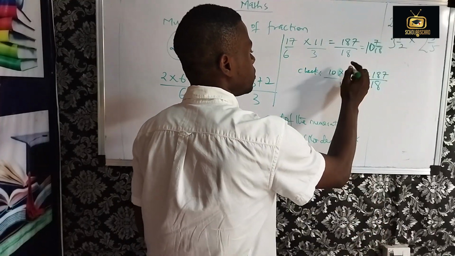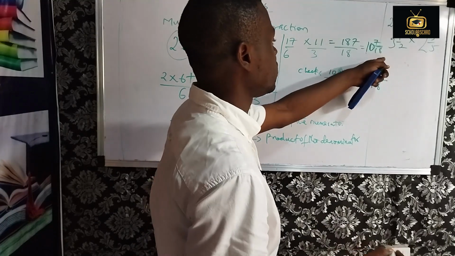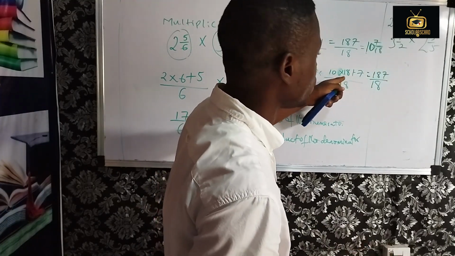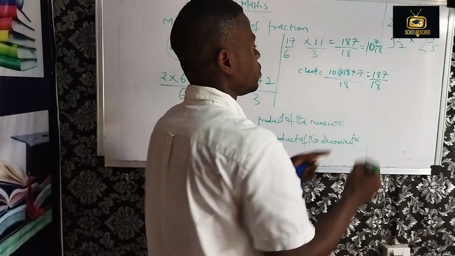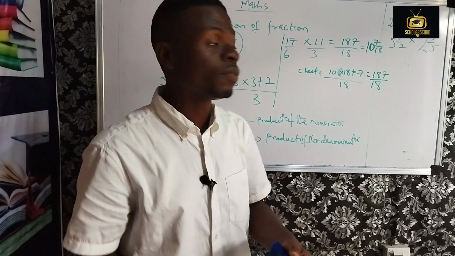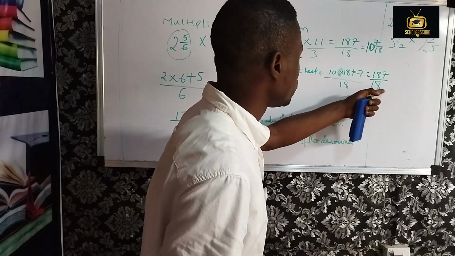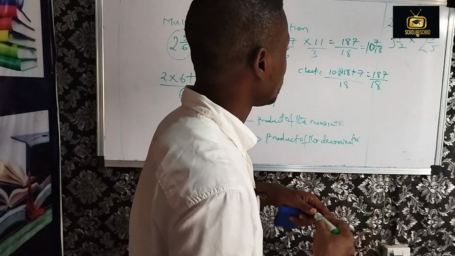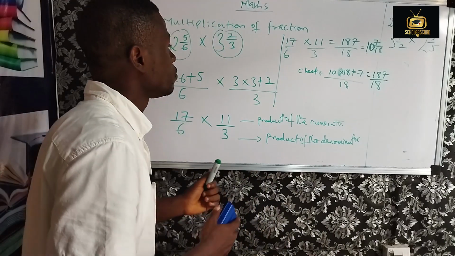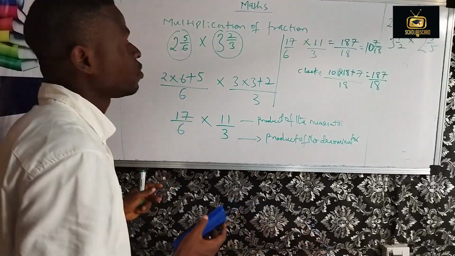I repeat again: 10 times 18 is 180, plus 7 is 187 over 18. So that is that. That's how to find the multiplication of fractions.